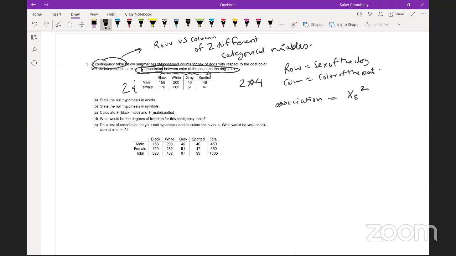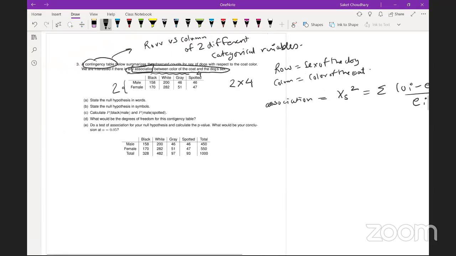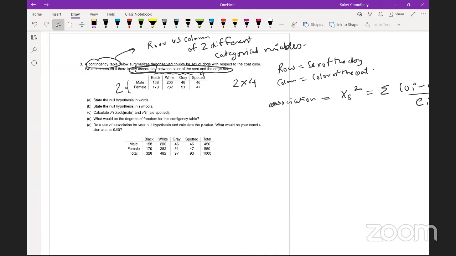Okay, how do we do the chi-square test in this case? In any setting of chi-square test, we require observed and expected values. We have the observed values definitely here. We need to come up with a way to find out what the expected values will be. Okay. Any guesses as to how we come up with the expected values here?